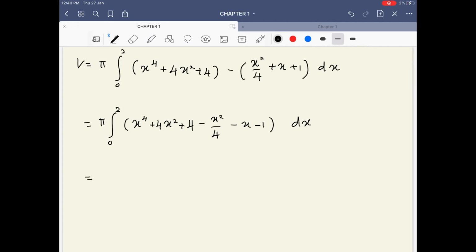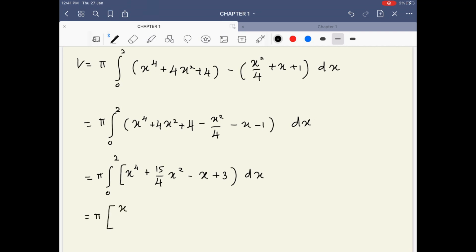Okay, and then we have x to the power of 4 plus 15 over 4 x squared minus x plus 3 dx.